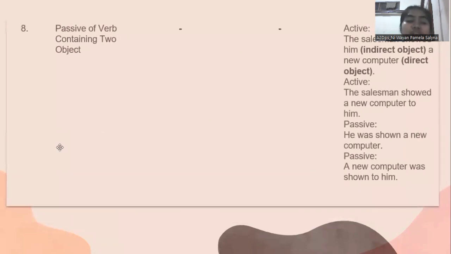And number eight is passive of verbs containing two objects. The verb can have two possible passive voices when it takes two objects. There are an indirect object and a direct object.